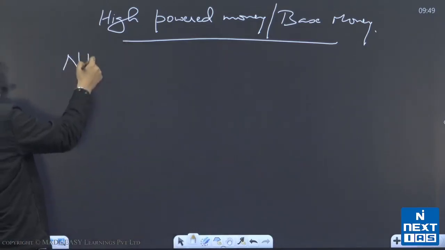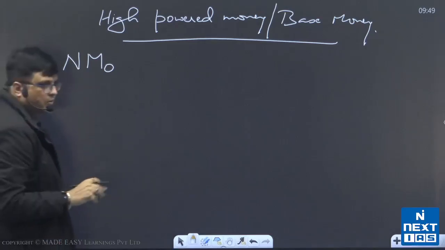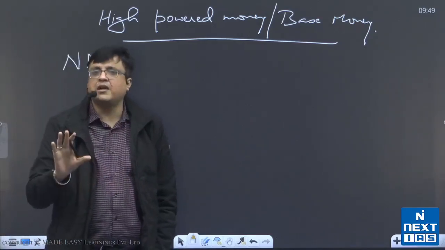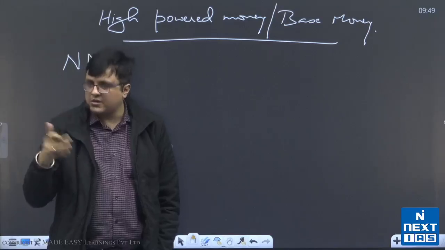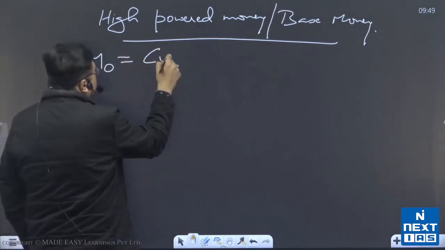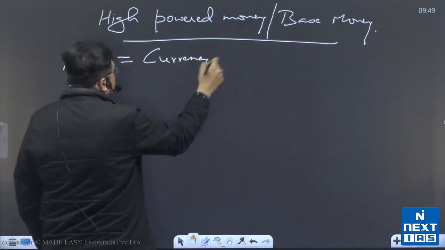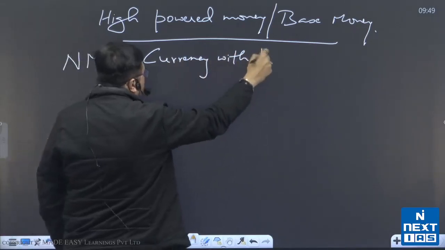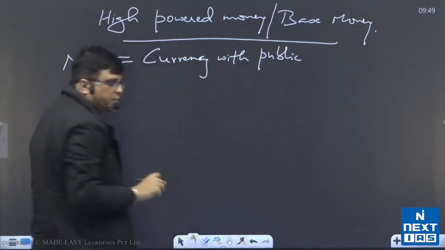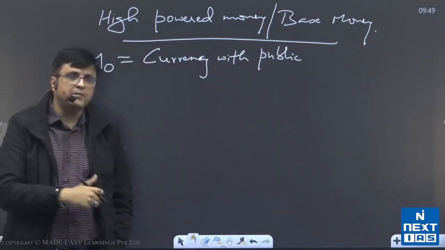It is measured as M0. All right, ये जो high-powered money है या base money है, इसका नाम रखा गया M0. All right, that is how it is denominated. This M0 is currency with public. Mind you, it is not currency in circulation. It is currency with public. That is money held by people.